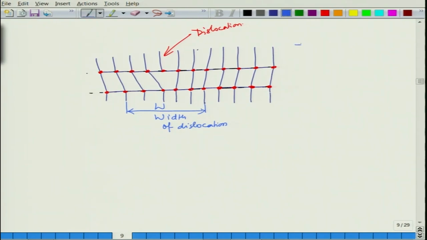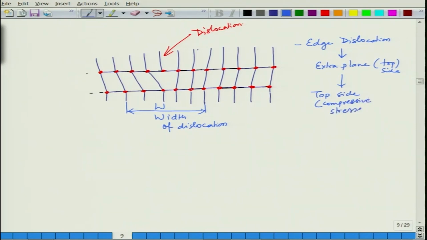Let us say we have an edge dislocation. Edge dislocation will mean you have an extra plane, let us say on the top side. If it is on the top side, which means top side will expand and bottom side will contract. As a result, top side will face compressive stress and bottom side will have tensile stresses.